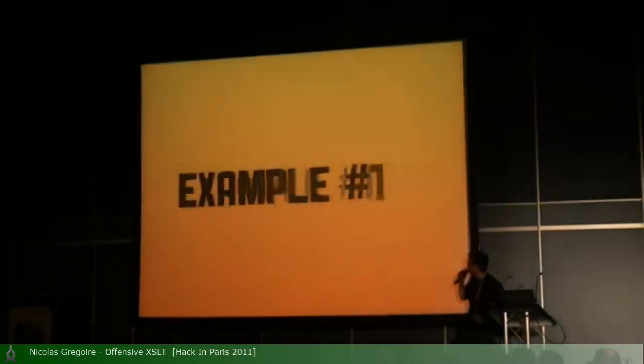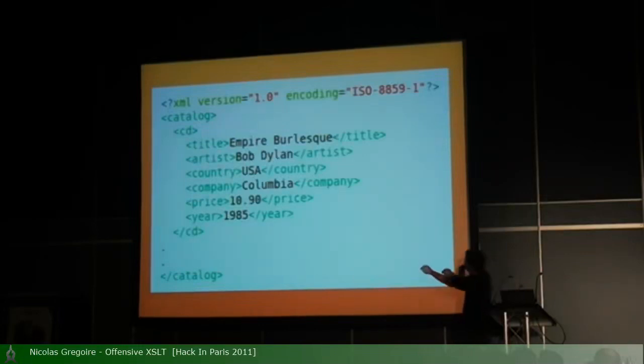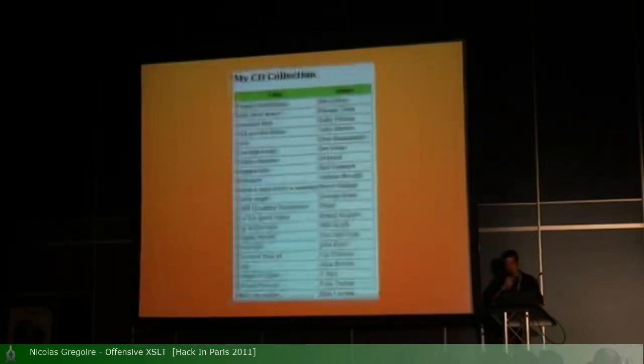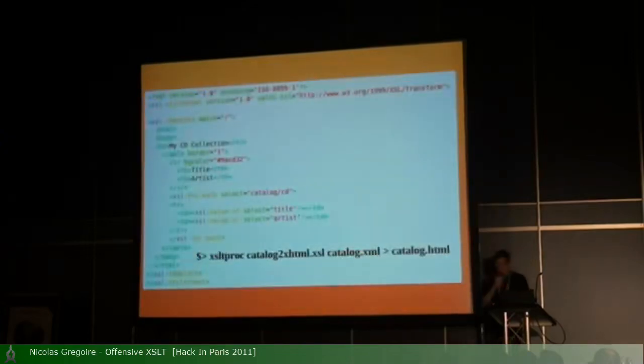So, first example, we have a CD collection, which is described by an XML file. You have a root entry, which is catalog. You have several CD entries which describe one CD. And we want to have this kind of result, an HTML page. The solution is to transform the XML document with XSLT.